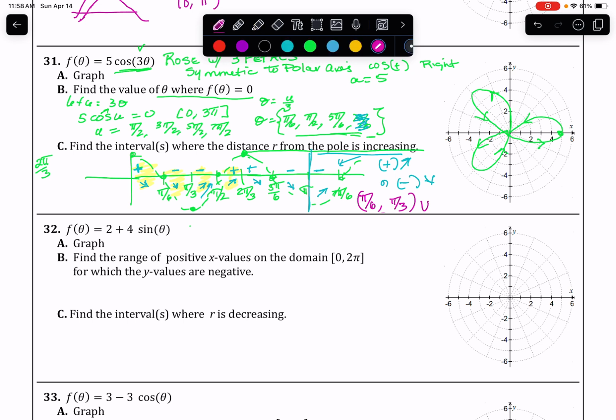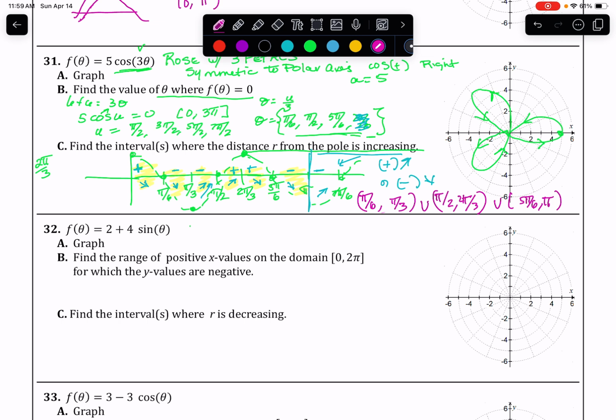So back to pi over 2 to 2 pi over 3. And then let's keep checking. I have positive, negative, no, but here's another negative, negative at the very end. So back here, I have 5 pi over 6 to pi.